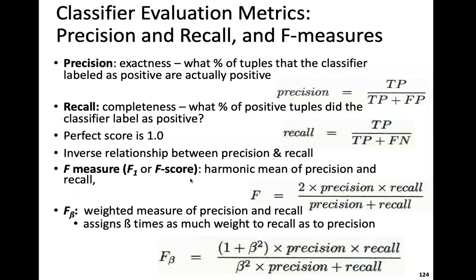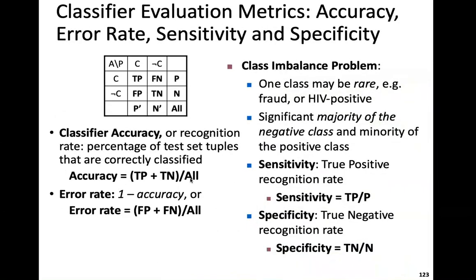The first one is called precision. Precision means exactness: what is the percentage of the tuples that the classifier has labeled as positive, as compared to those which are actually positive? So what is actually positive? If you recall and go back to this matrix, you can see that what is actually positive is the true positives and false positives.